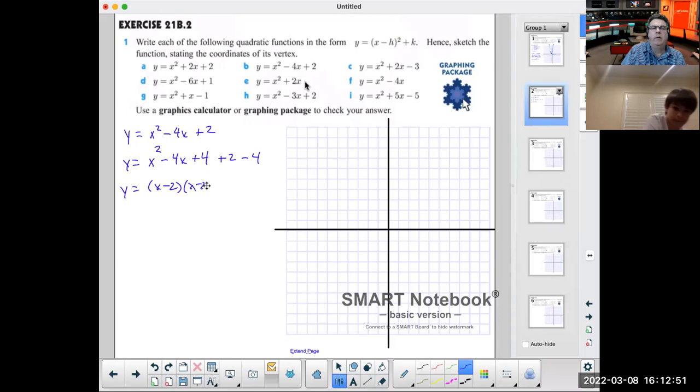So it's (x minus 2) squared, and the vertex is at (2, -2). I hope I can get that one right.